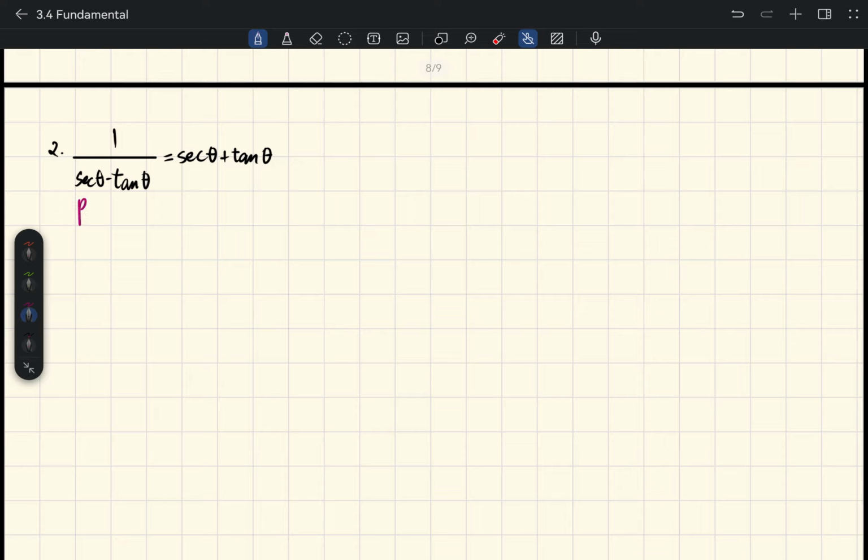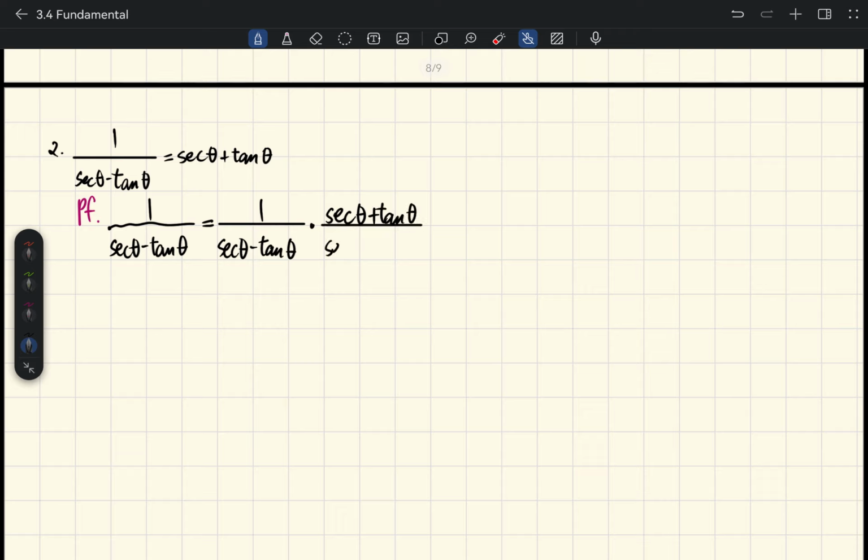Okay, proof. We have that 1 all over secant theta minus tangent theta equals, so let's just copy that one, then multiply by the same thing in the numerator and denominator, all over secant theta plus tangent theta.